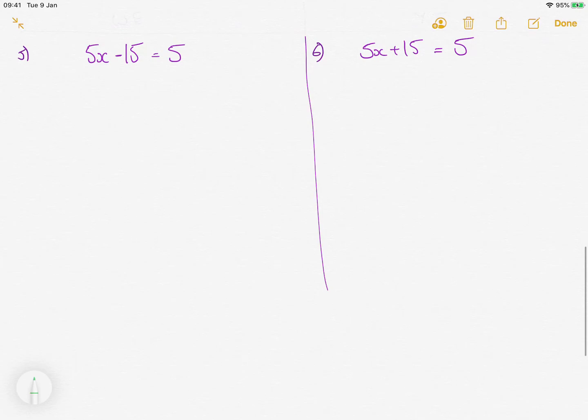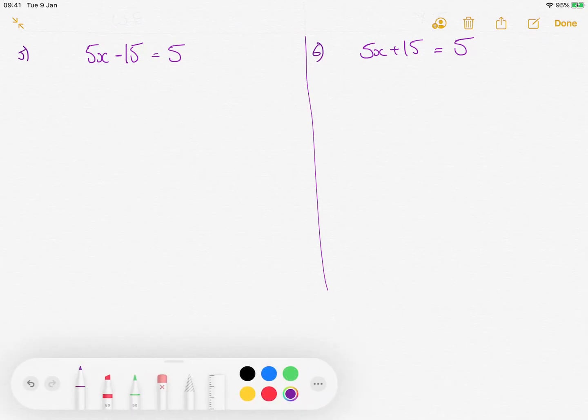Right, and finally, flowchart. So if you can just watch me do the one on the left and then decide which method you want to get down in your book. And then on the right, you can choose whatever method you prefer, but your final answer will still be the same, whatever method.